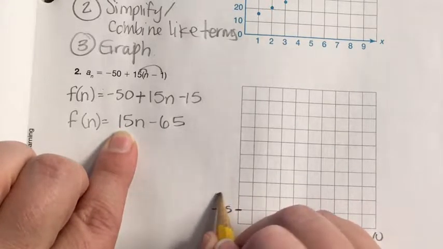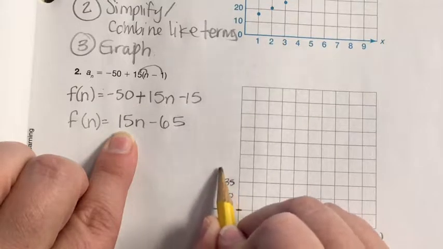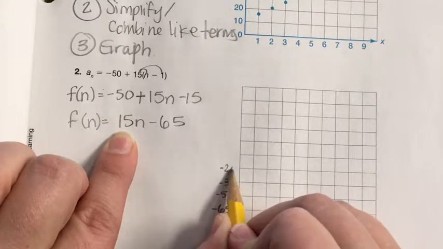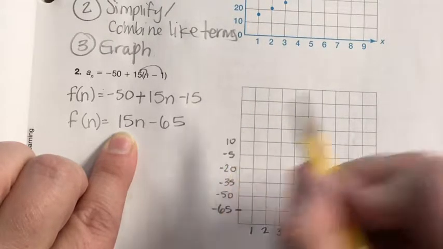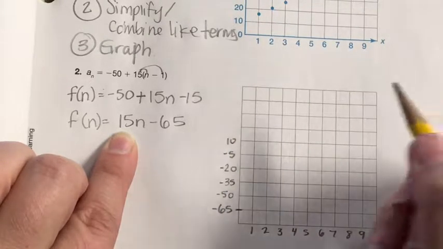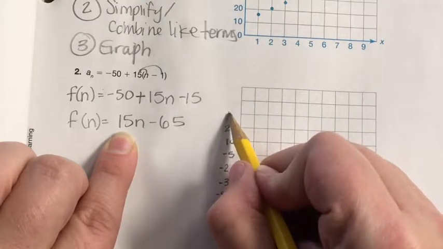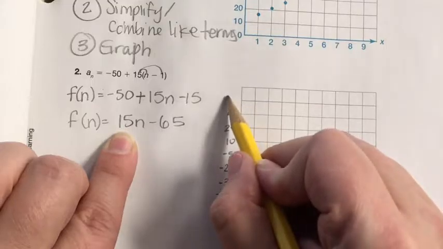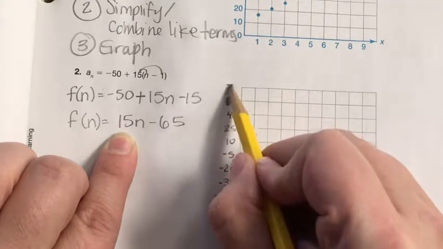So this is going to be negative 50, negative 35, negative 20, negative 5, up to 10. Then what? 25. Then what? 40. Then 55 and 70. Okay.